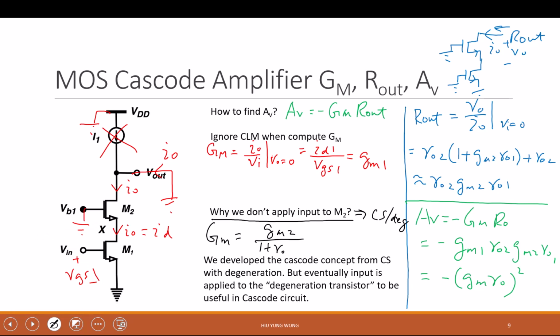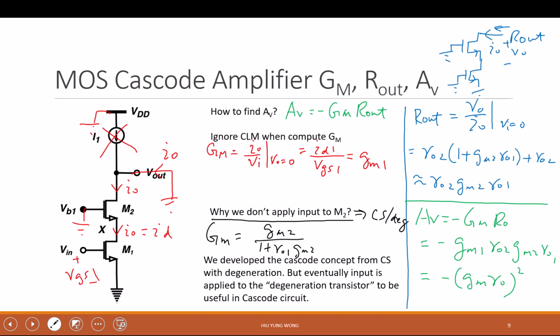GM2 divided by 1 plus GM2 RO1, right? So it is going to be reduced by GM RO, right? So when you multiply them together, they get canceled. You don't really get extra gain.